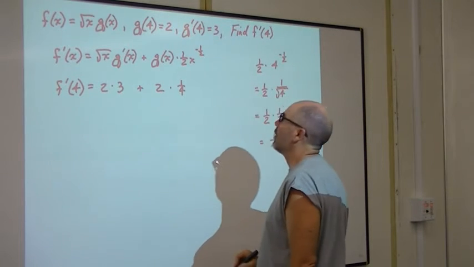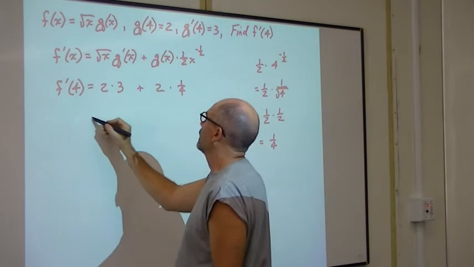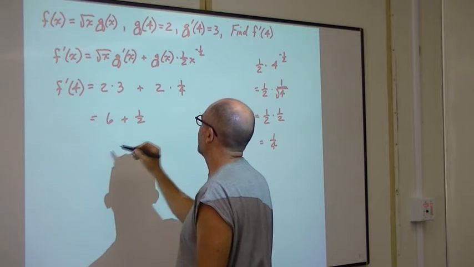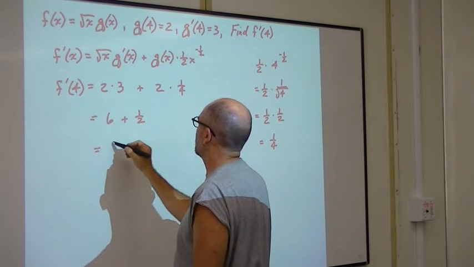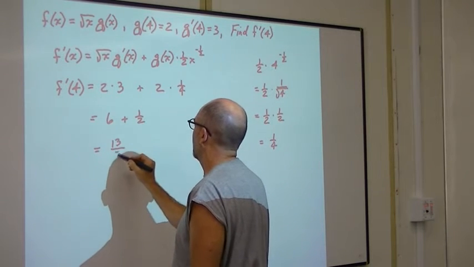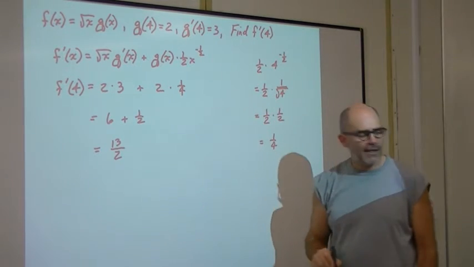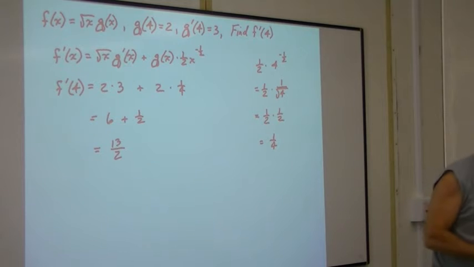All right, so now what we have is 6 plus 1/2 equals 13 halves. That's it. Let's see, did we do that right? Yeah, that's actually right according to the book.